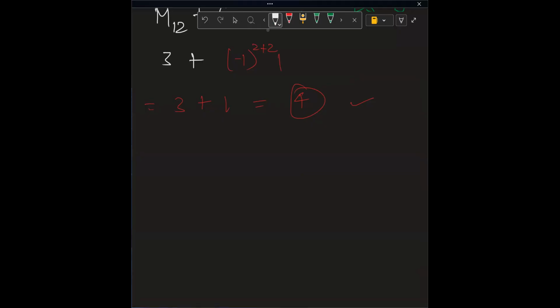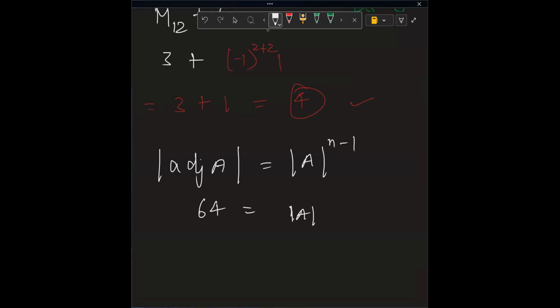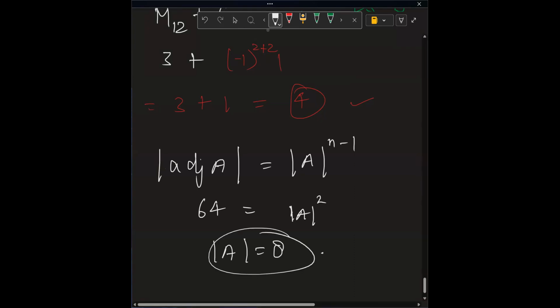I told you one formula: adjoint of A is equal to A to the power n minus 1. If this is 64 and n is 3, so 3 minus 1 is 2. So this is going to be 8. Both of you did the same. Okay.